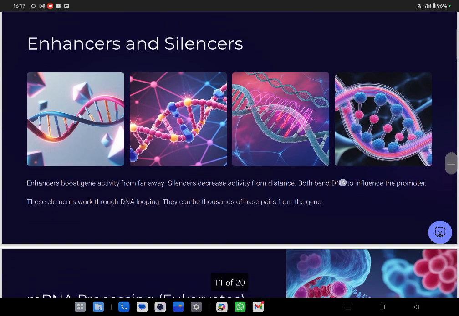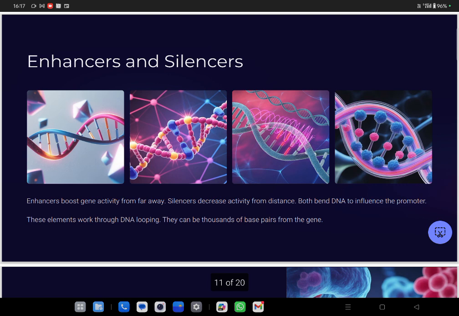You have enhancers and silencers. The enhancers may not be just upstream of the gene; they can be very far away, thousands of nucleotides away, but somehow they bend and twist and bind to the enhancer binding sites and boost gene activity, or in the case of silencers, decrease the activity.